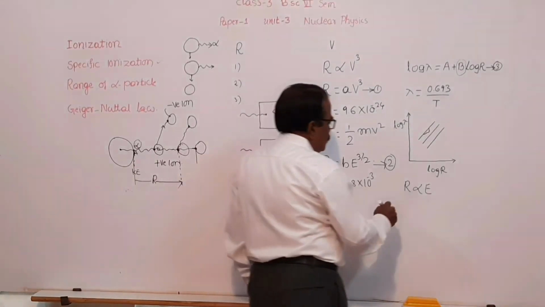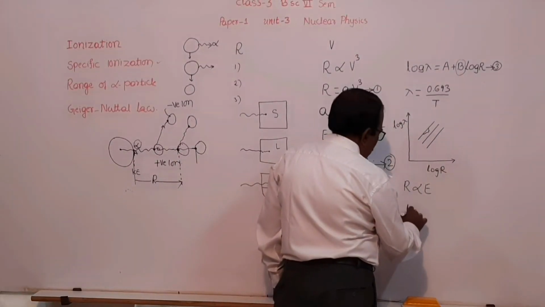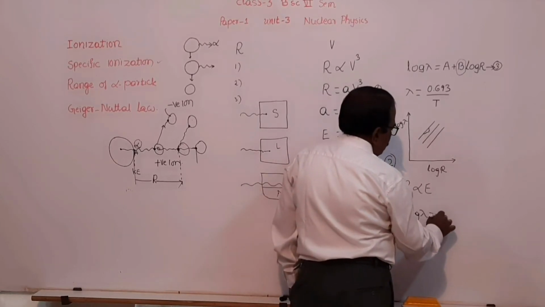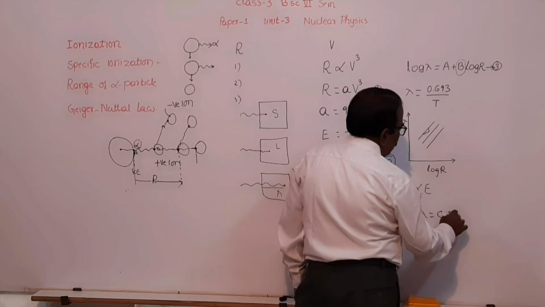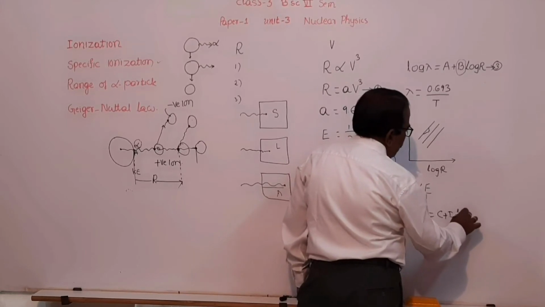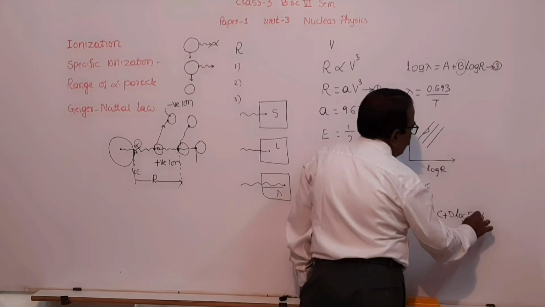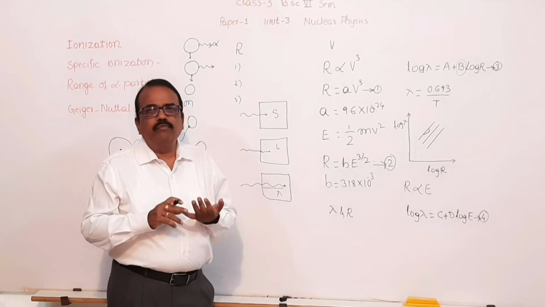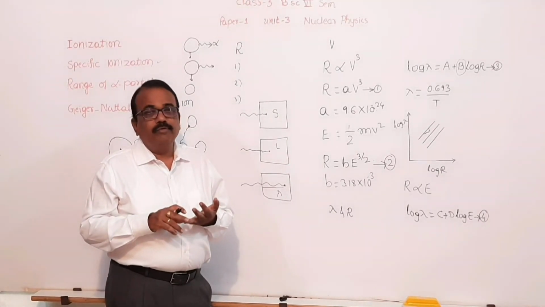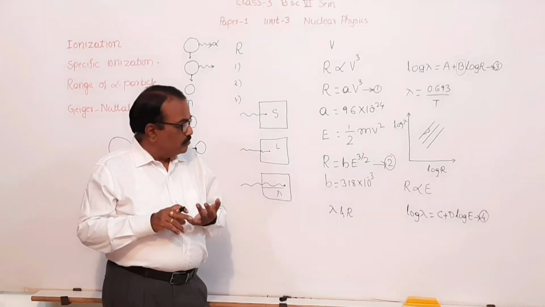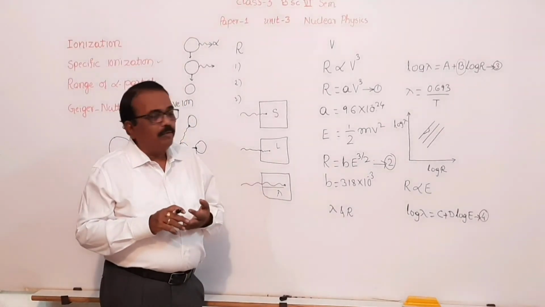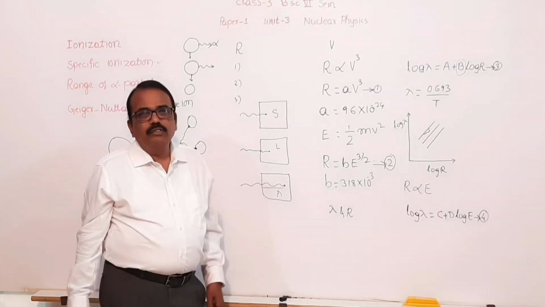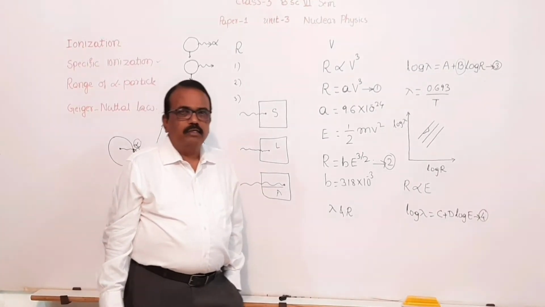They got another relation for the decay constant: log lambda is equal to C plus D into log E. Call this equation 4. So all these 4 equations give the relation between V and R, between E and R, between lambda and R, and between lambda and E. So this is regarding Geiger-Nuttall law.